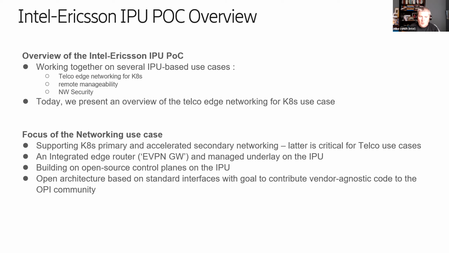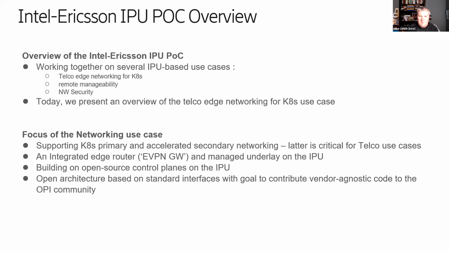So for today's focus with respect to Kubernetes, what we're addressing is both primary and secondary networking. But from an acceleration or offload perspective, we're focusing on accelerated secondary networking only. So we're not accelerating the primary Kubernetes networking. The secondary networking, as we know, is very critical for telco use cases.